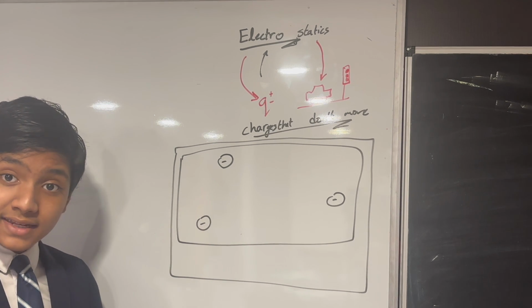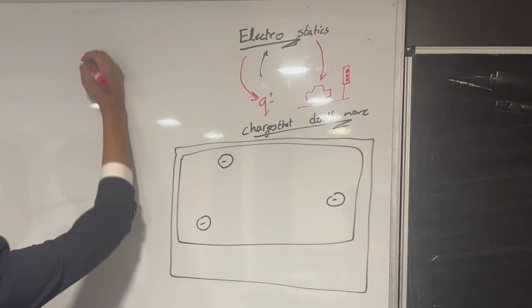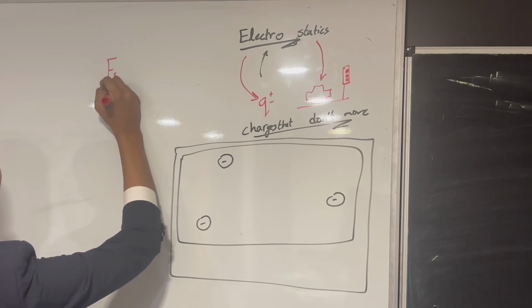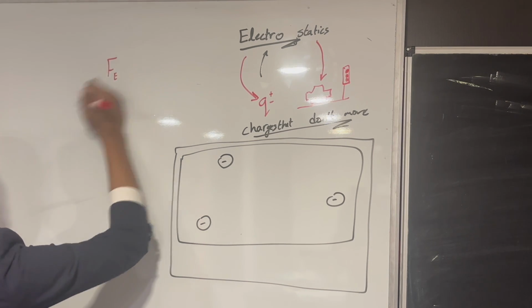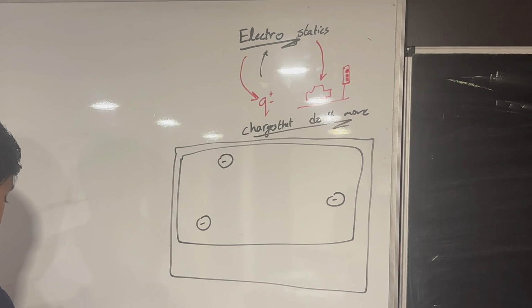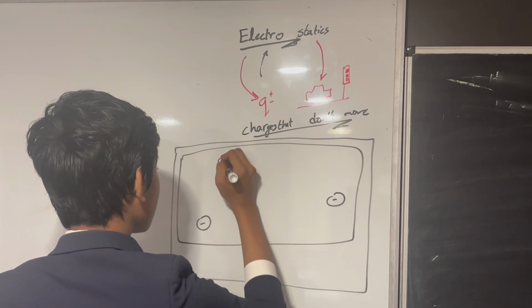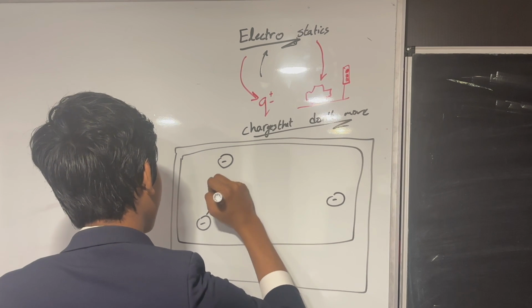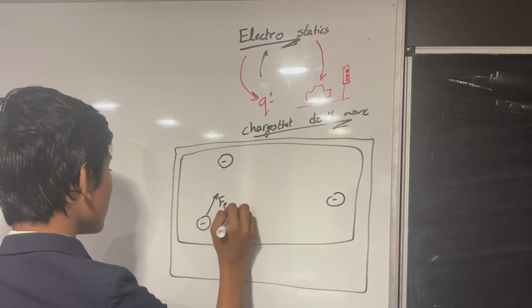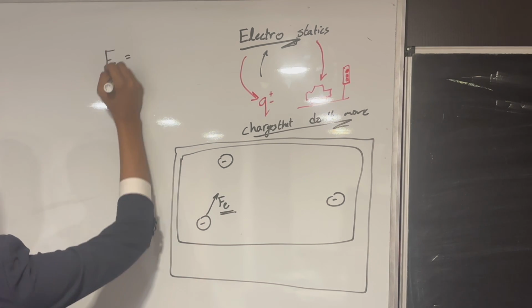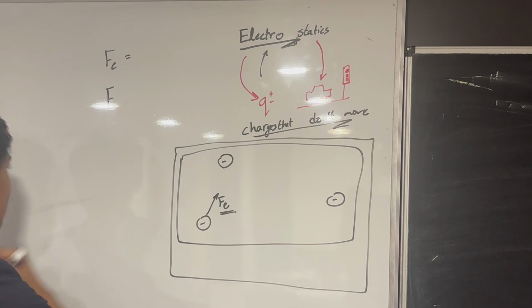What is that force dictated by? Well, it comes from Coulomb's law, which dictates that the electric force, much like the gravitational force. So here, everything is all about the force. Now, what is the force? The electric force is very similar to the gravitational force.